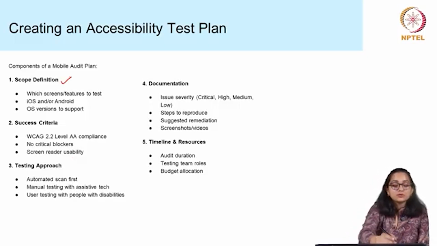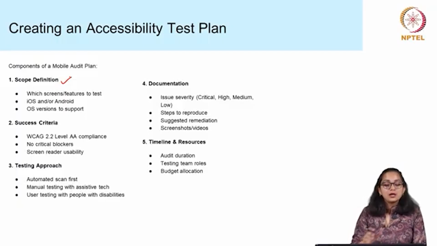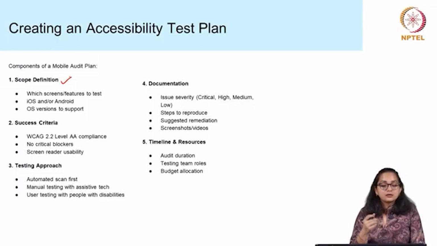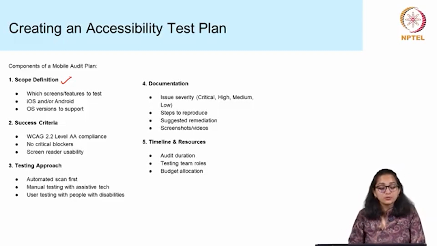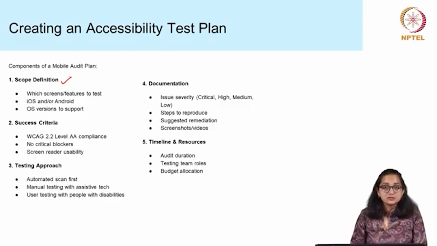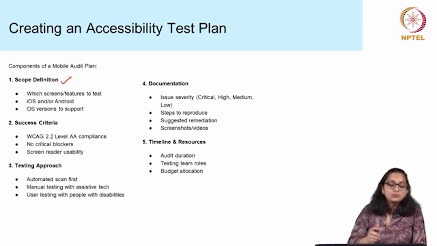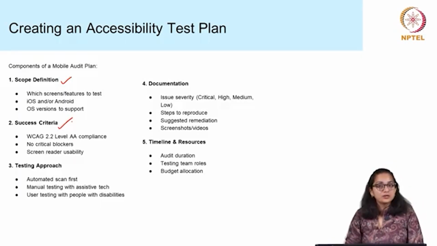The first is scope definition: which screens and features need to be tested, whether the app is going to run on Android and/or iOS, and which different OS versions you need to support and test accordingly.